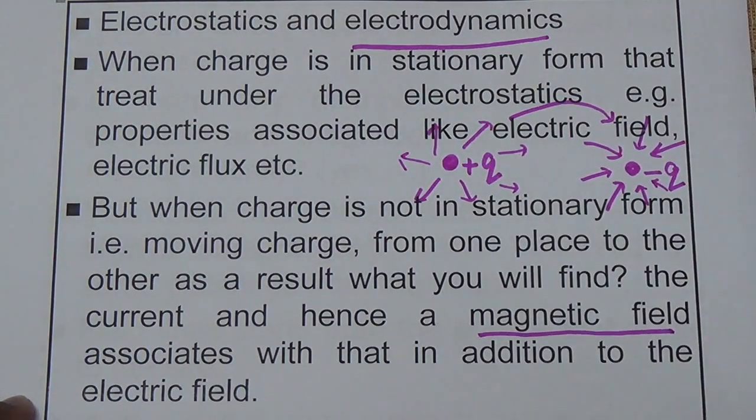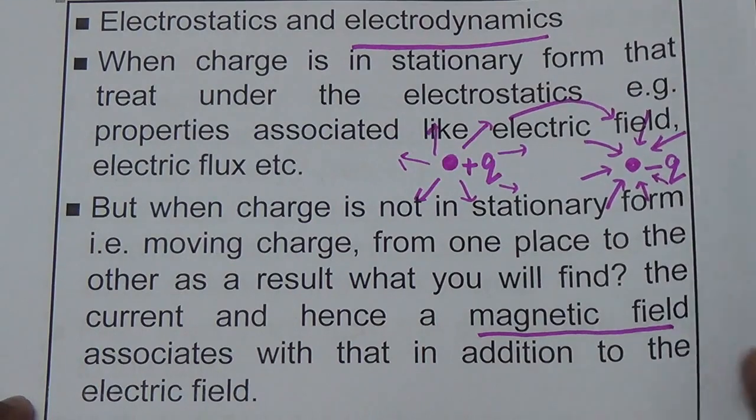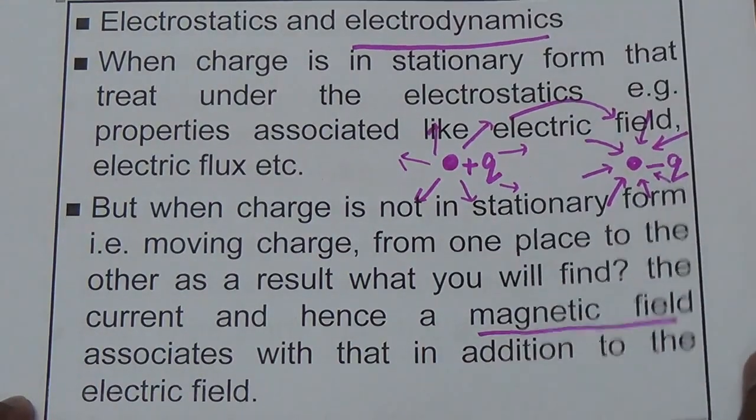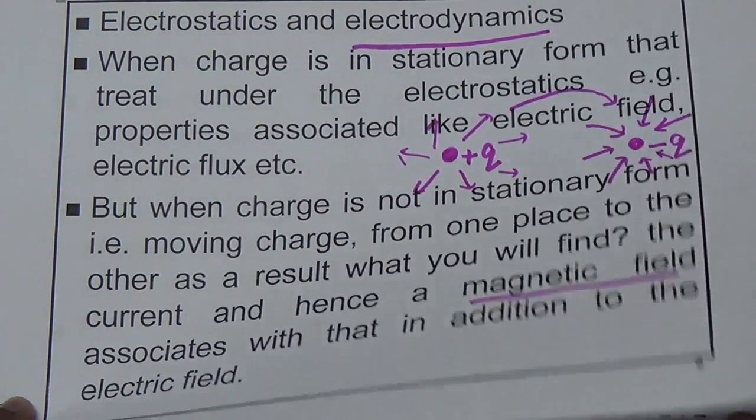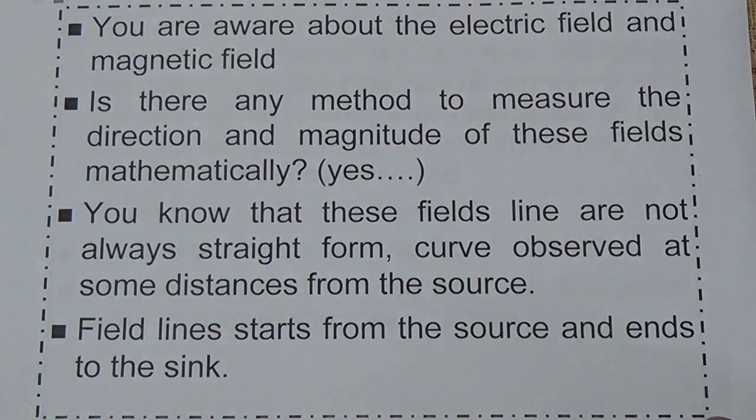So we have to study basically the property of the charge when charge is in stationary form and when charge is in the moving form. So a stationary charge produces the electric field and moving charge produces the magnetic field. So it means there is some connection between the electric field and magnetic field. So we will try to develop that relation between the electric field and the magnetic field.